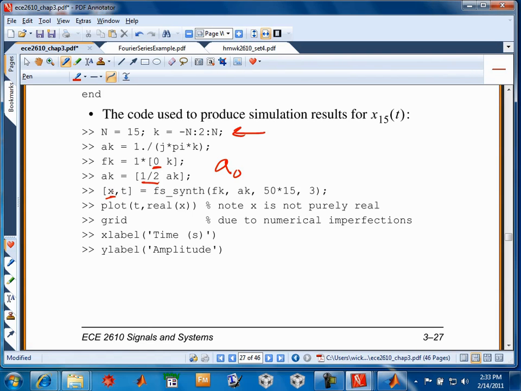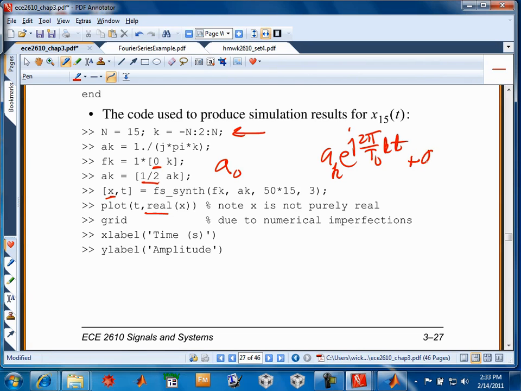It's just that the imperfect math of MATLAB means there might be tiny imaginary parts. So it's fair to suppress those in my plot by taking the real part, because I know a priori that the synthesis of a periodic waveform using a Fourier series representation is purely real. In this case, it all has to do with the fact that I've got an a_k times e to the j 2 pi over T naught k t.